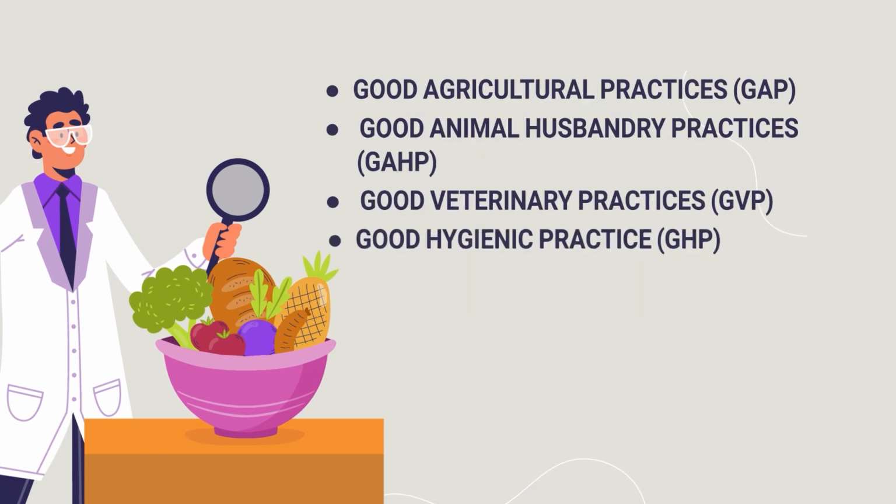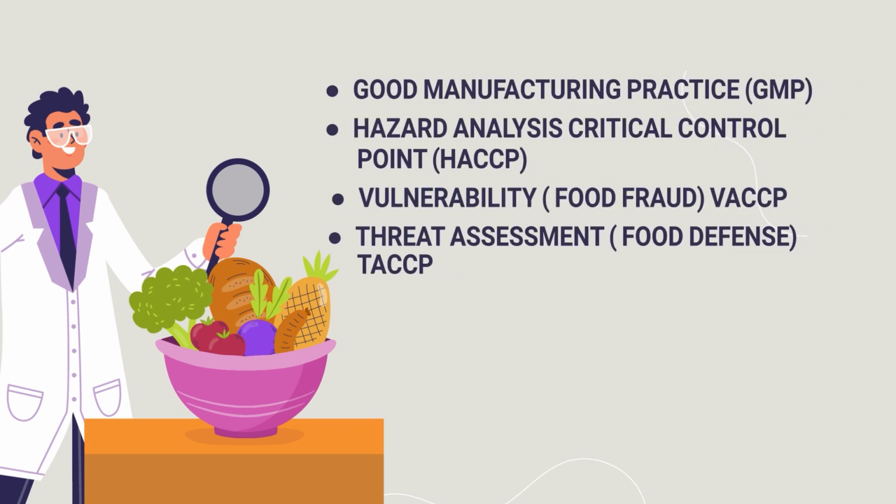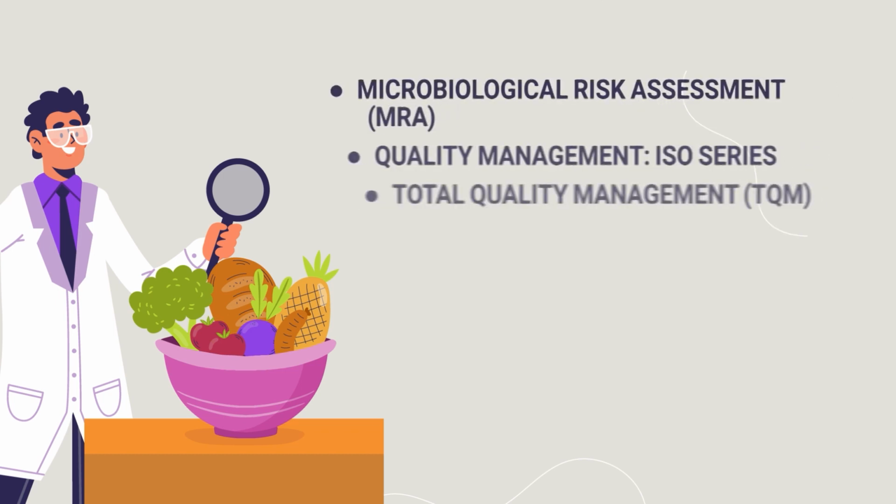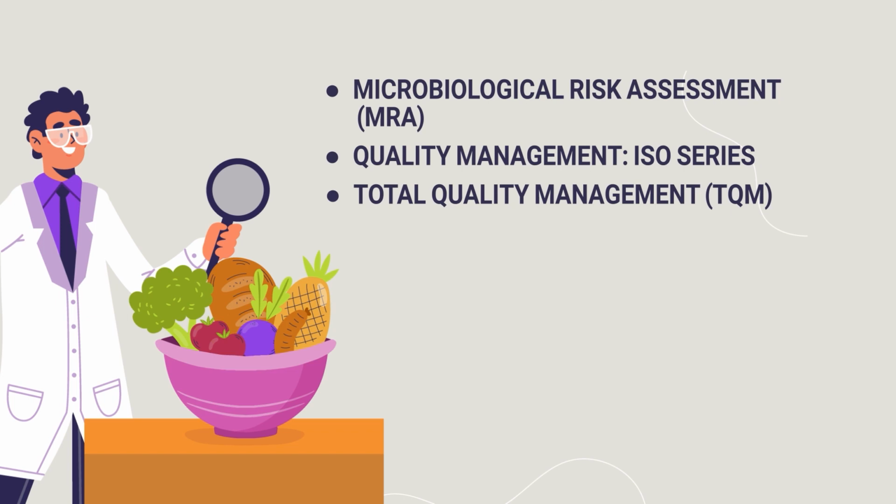Good agriculture practices, good animal husbandry practices, good veterinary practices, good hygiene practices, good manufacturing practices, HACCP, hazard analysis critical control point, VACCP, vulnerability or food fraud, food defense, that is threat assessment, microbiological risk assessment, ISO based quality management, and TQM. These approaches are to be taken for food hygiene and safety.